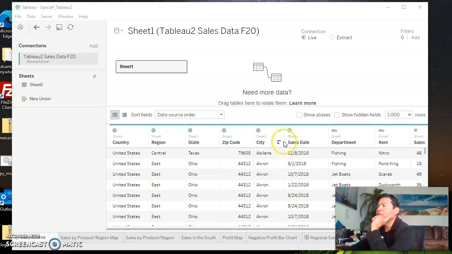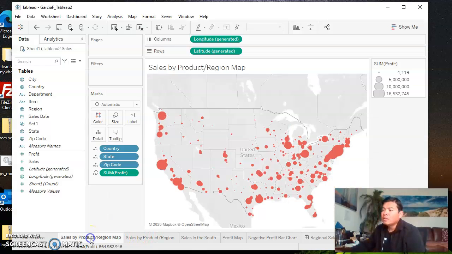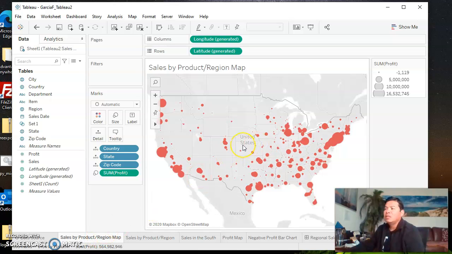So here we have the data for boat sales in the United States. I created five sheets to view the data. And let's go ahead and take a look at that. So this is the first sheet that I created based on the profit of sales in the United States.